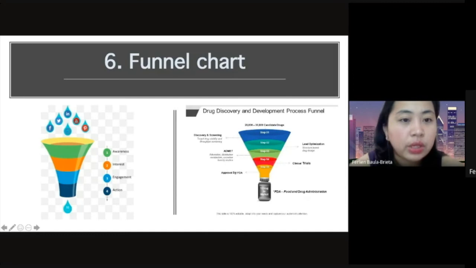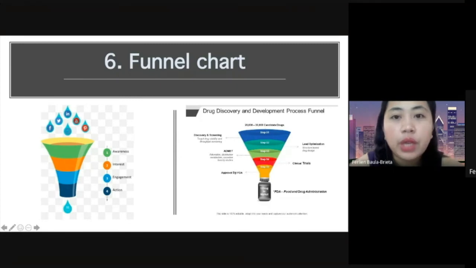It has different colors in the funnel, and what we put inside here are our variables, awareness from Facebook, Twitter, LinkedIn, YouTube, Pinterest, and Instagram. And then when they go inside the funnel, what would be the outcome in monetary values? Maybe that's what the topic is about.